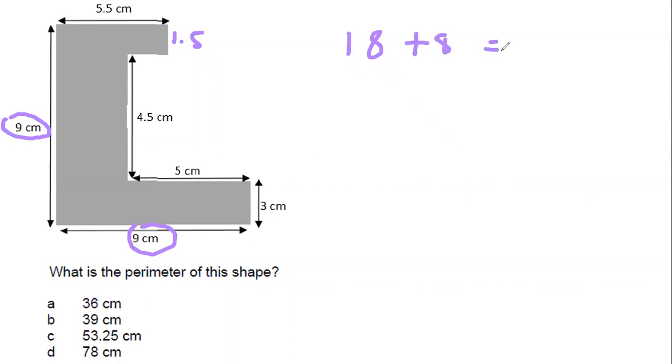All right. 18 plus 8 is 26, correct? So then now we need to add these 3. 5.5 plus 4.5 is 10. 10 plus 1.5 is what? 11.5. Yes, sir.